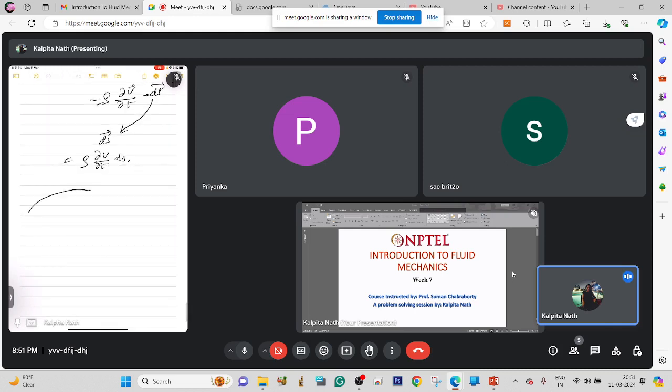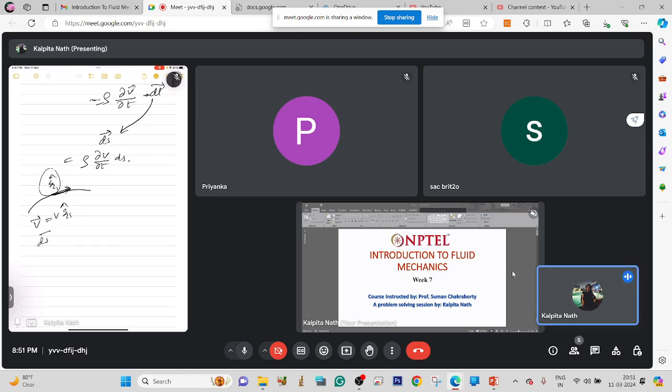If this is the streamline and this is the es vector, and the direction of the streamline is given as this, then v vector can be written as v of s times the unit vector.